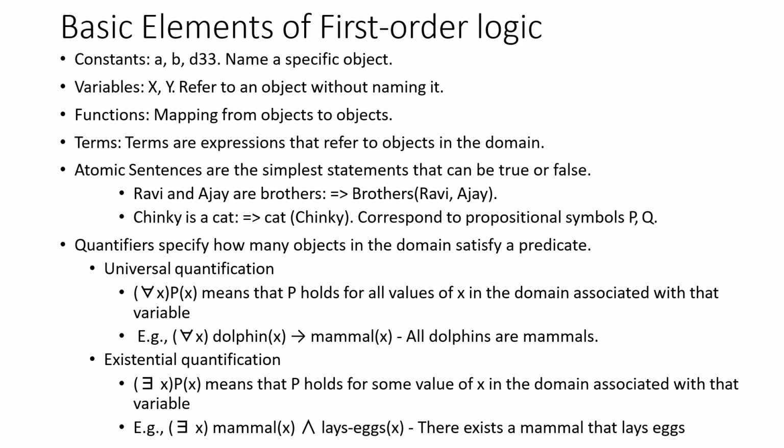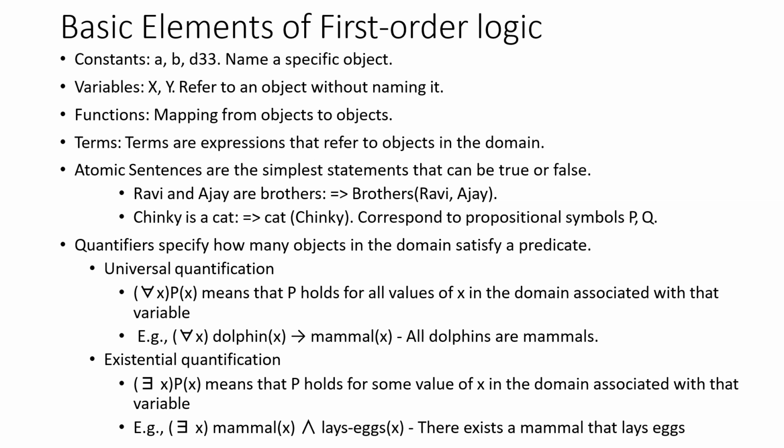Next are the basic elements of first order predicate logic. The first one is constants. Constants are used to name specific objects in that particular domain. For example, A, B, D, 33 are examples. We have already seen Devi, Rahul, Ajay. A constant always refers to one fixed object.